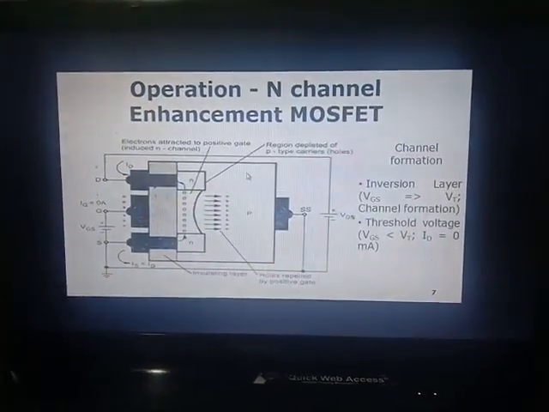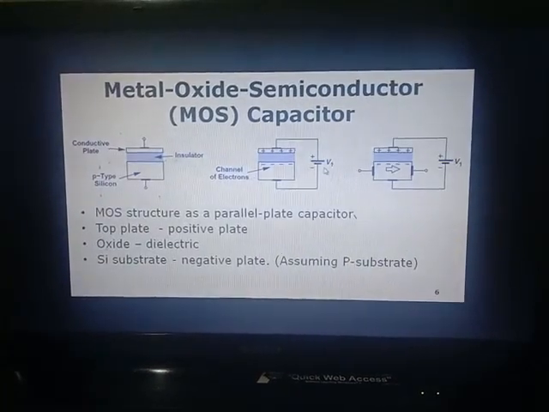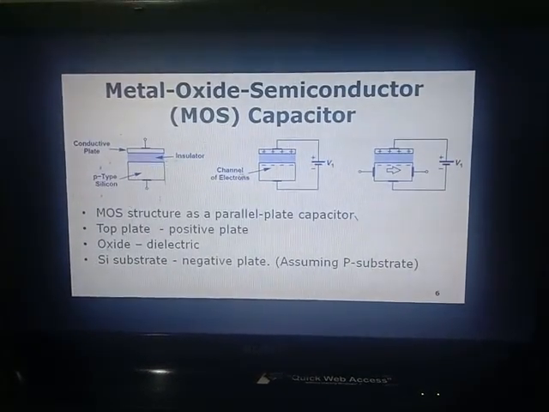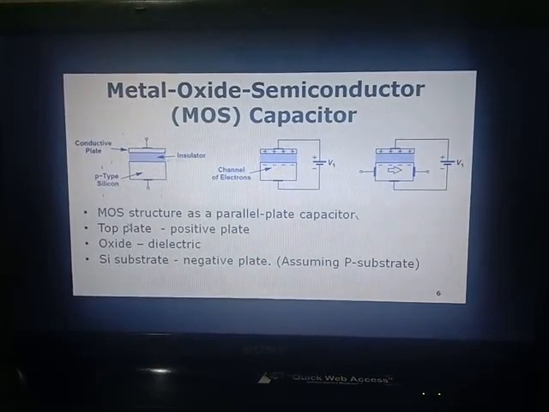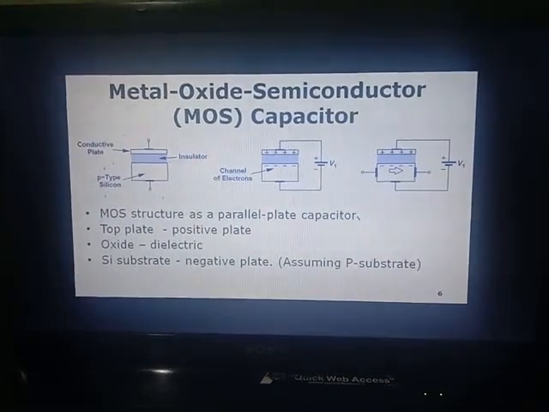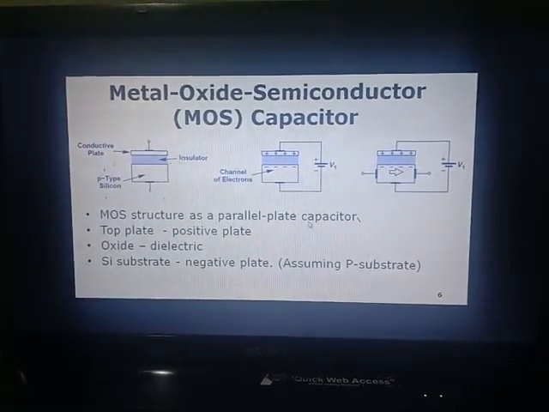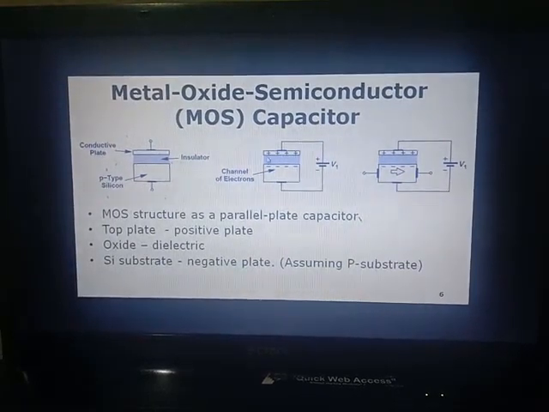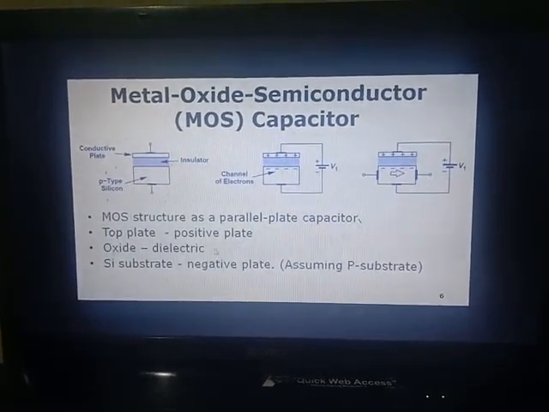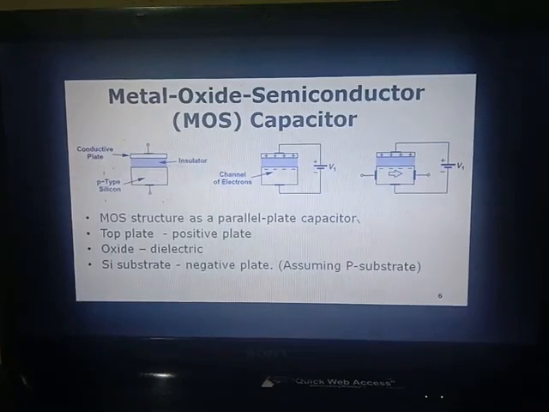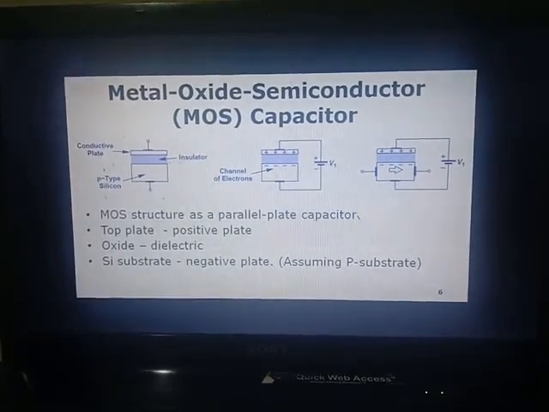So here the MOS structure is acting as a parallel plate capacitor. This top plate is going to act as the positive plate. Here we are assuming this as the p-type substrate.